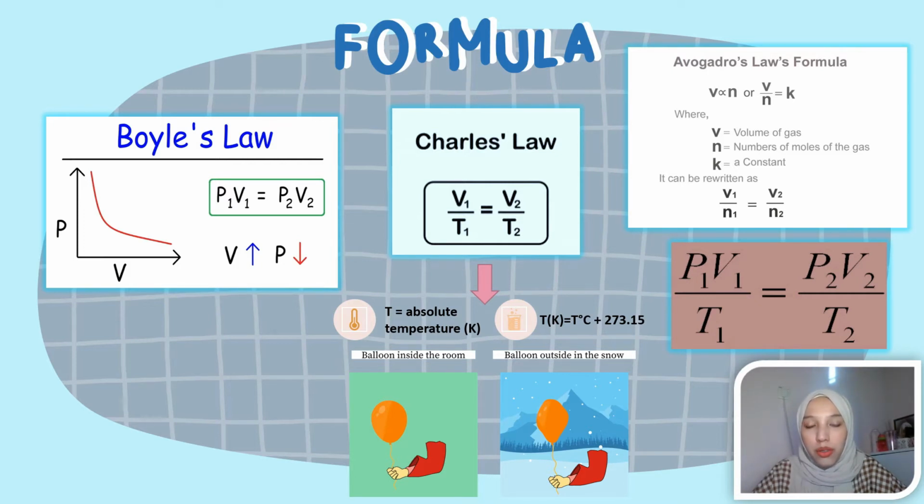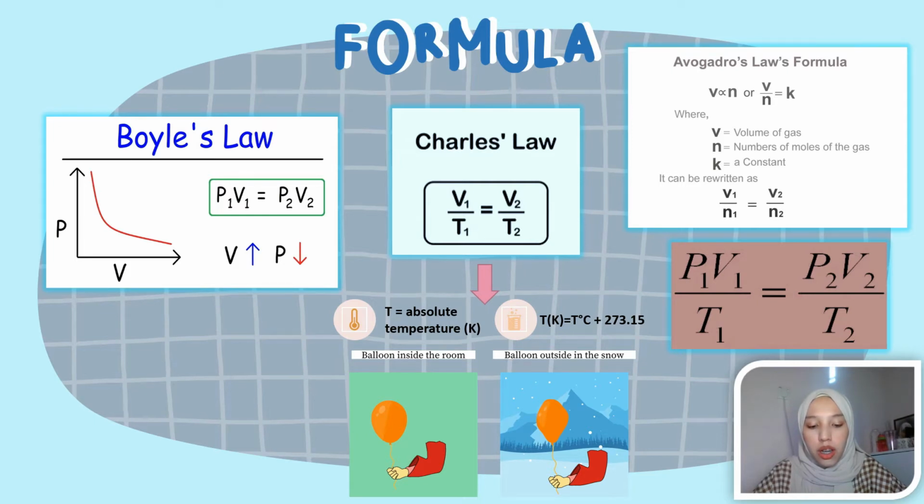Okay, so we go to the third formula, which is Avogadro's law: V1 divided by N1 equals V2 divided by N2. V is the volume of gas and N is the number of moles of the gas. So we can combine the formulas.